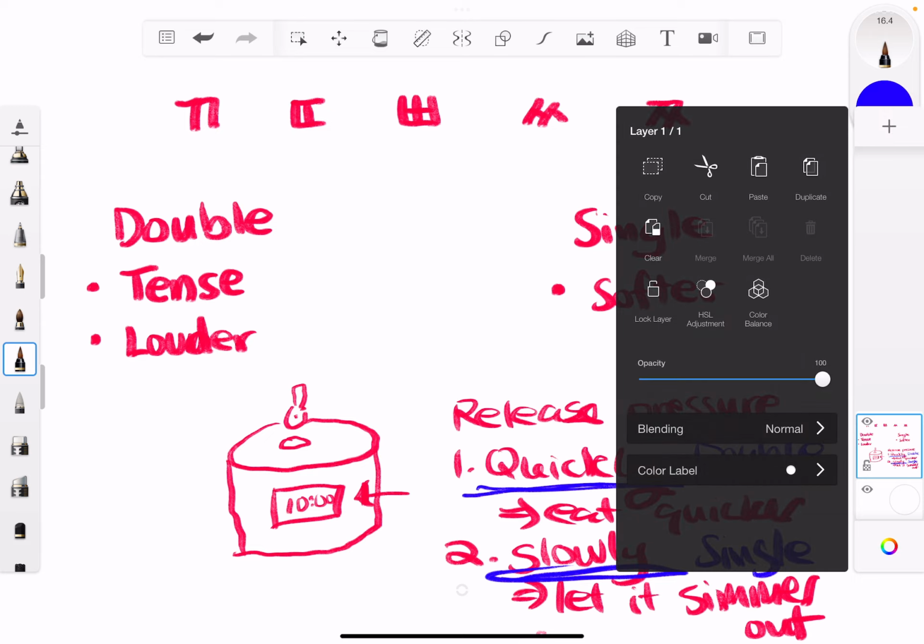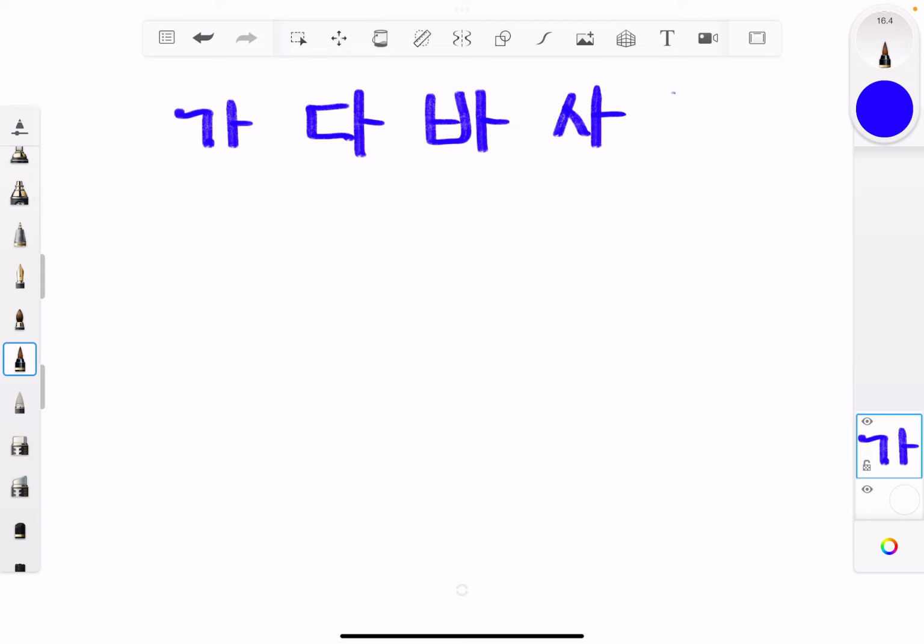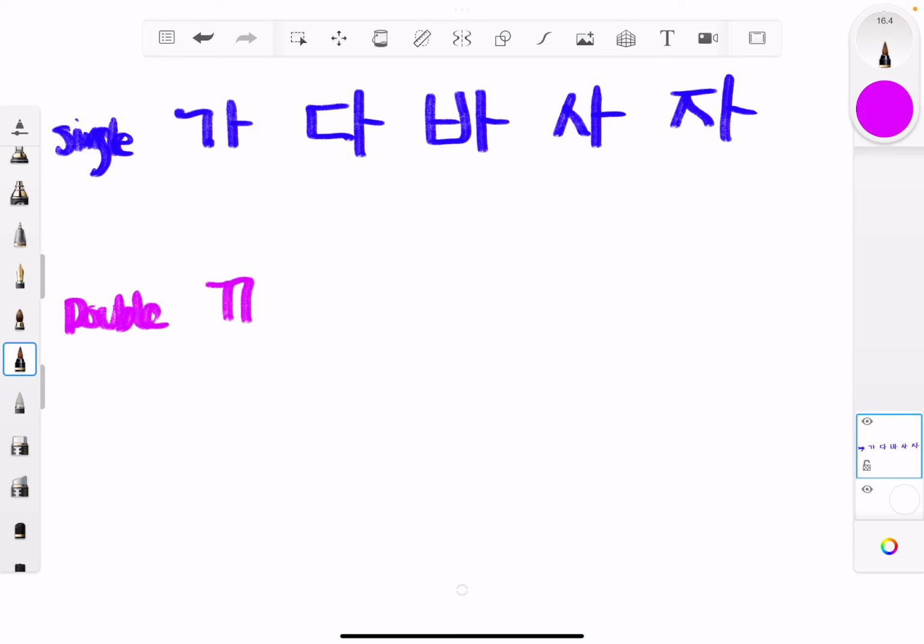I'm going to clear this again, and I'm going to write ka, ta, pa, sa, ta. So these are single consonants. And then I'm going to write the double ones. Ga, da, ba, sa, ja.